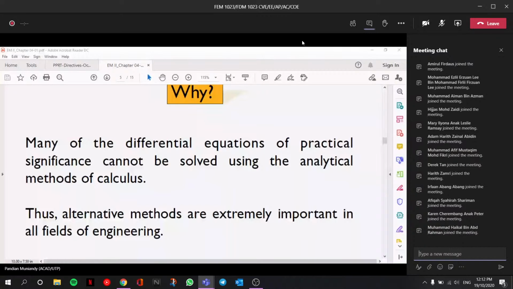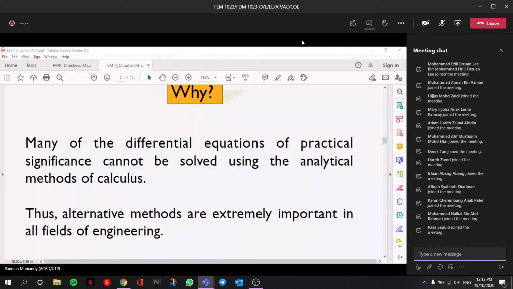Non-exact equation, you reduce to exact equation. After that, you solve using integration. Thus, alternative methods are extremely important in all fields of engineering. So, you see, many problems cannot be solved. So, therefore, we need an alternative method.